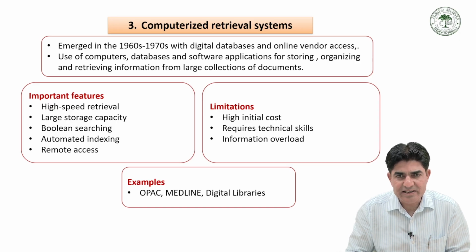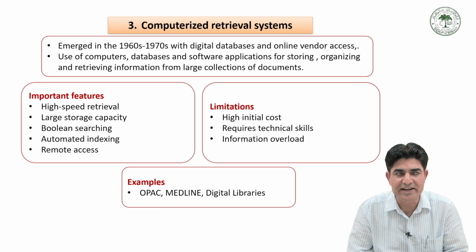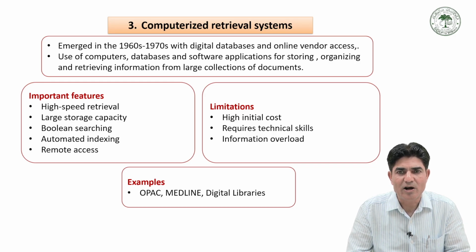The computerized information retrieval system emerged during the 1960s to 1970s with the development of digital technologies, digital databases and online vendor access. These systems started using computer databases and software applications for storing, organizing, and retrieving information from a large collection of documents.